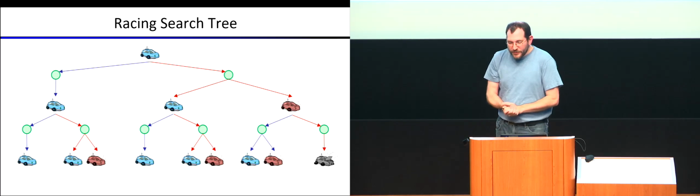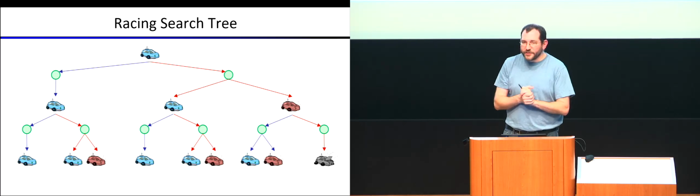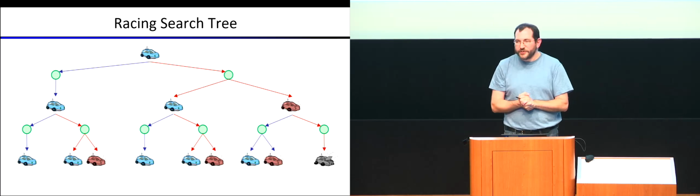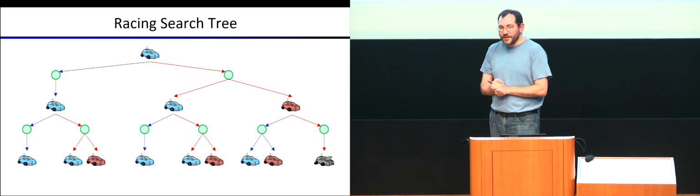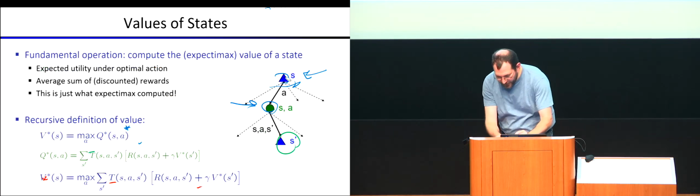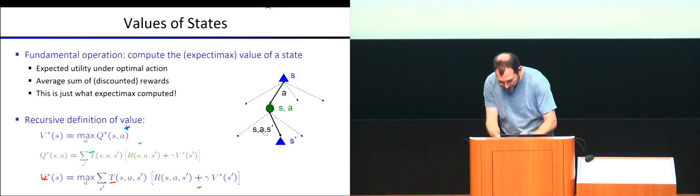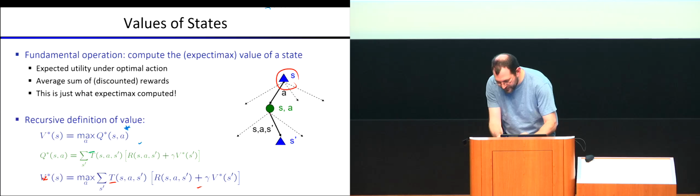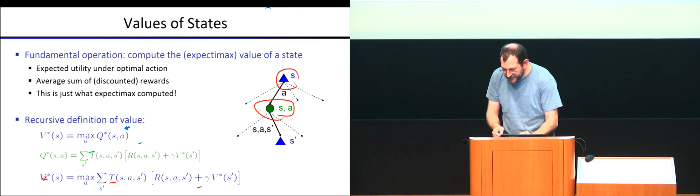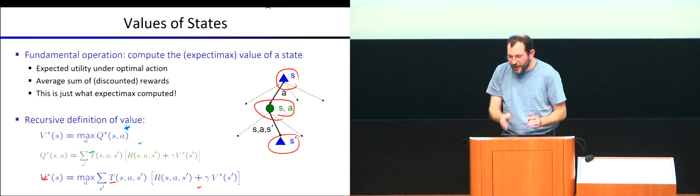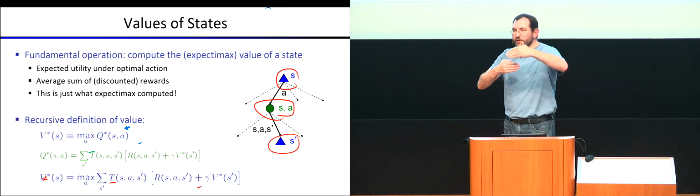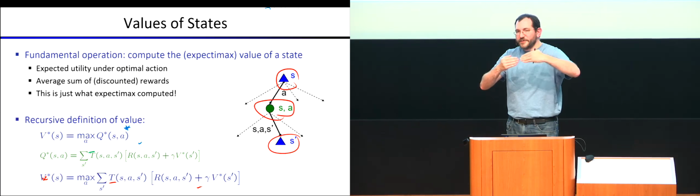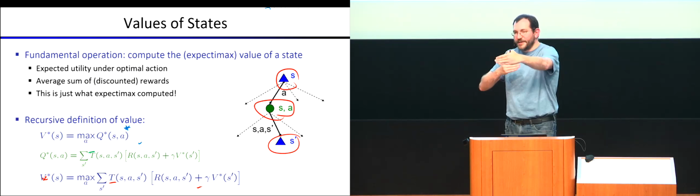All right, so that was a recursive definition of these values in terms of other optimal quantities. I can define the optimal value of a state in terms of the optimal values of Q states. I can define the optimal value of Q states in terms of the optimal values of states using these look-ahead equations that relate values of states to values of states one step ahead in time.